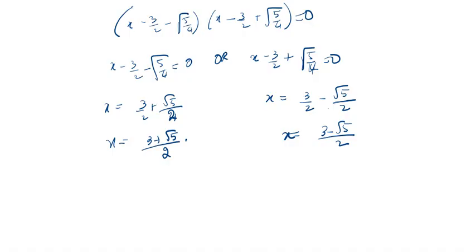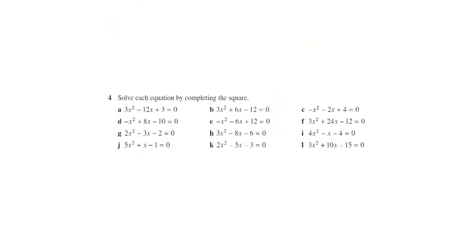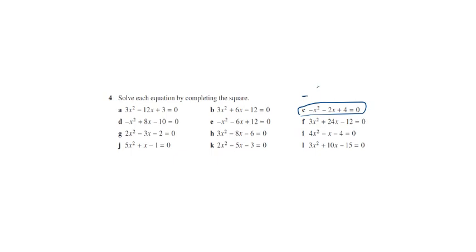So we were looking at monic quadratic equations. Now these are non-monic quadratic equations. When I'm dealing with non-monic, if you look at question C, it's always preferable to actually simplify it.